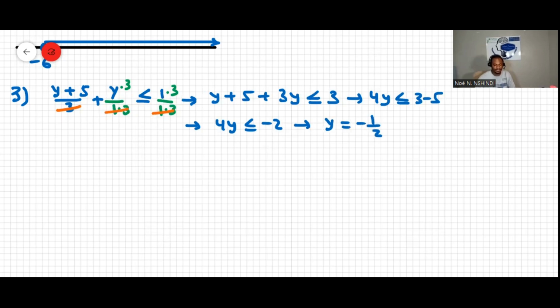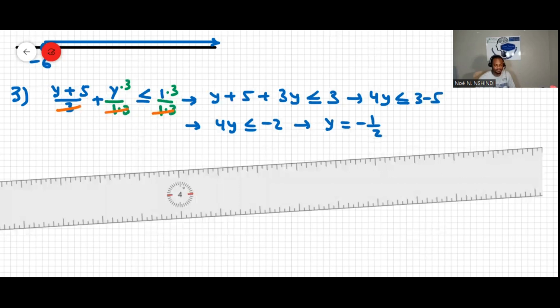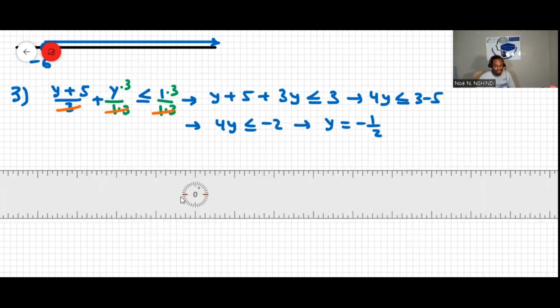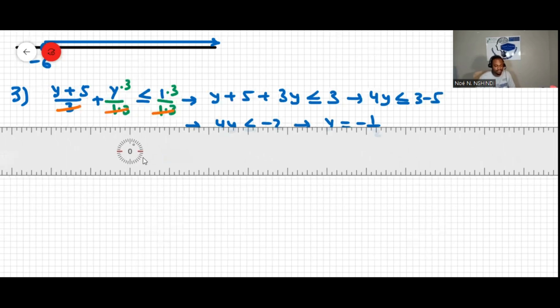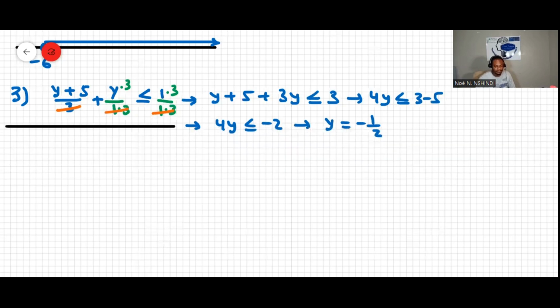Okay? Then, yeah, we can draw our number line from here. Number line is there. And then, okay, I said equal. I meant to say not equal, but less than or equal.